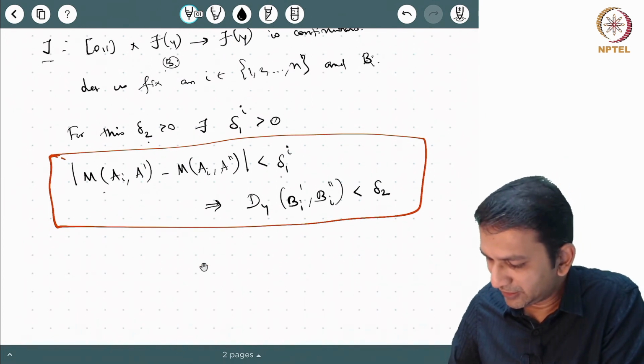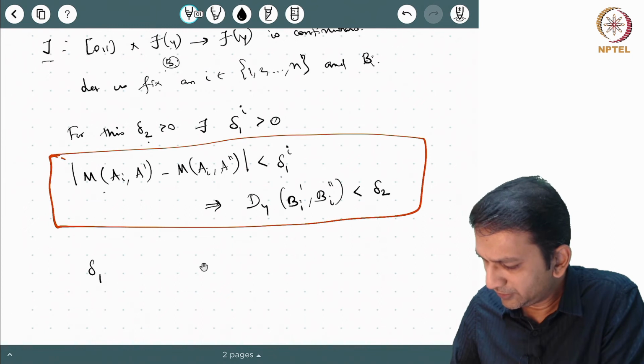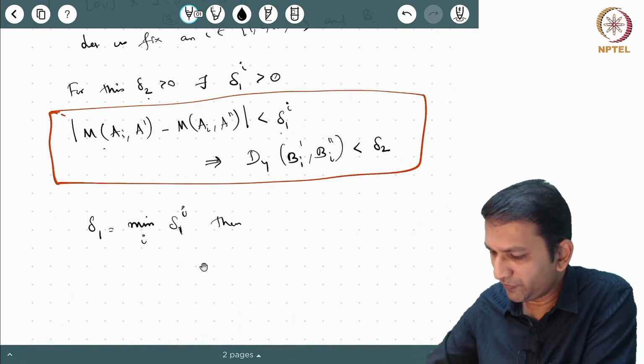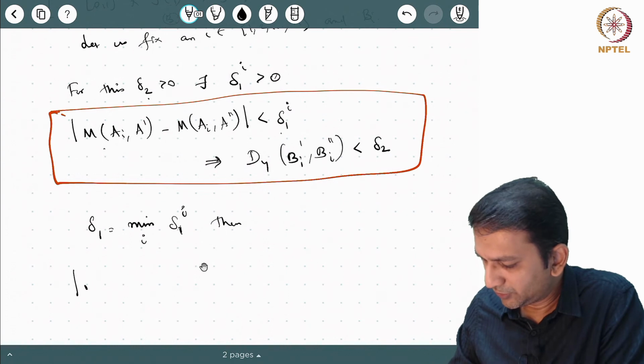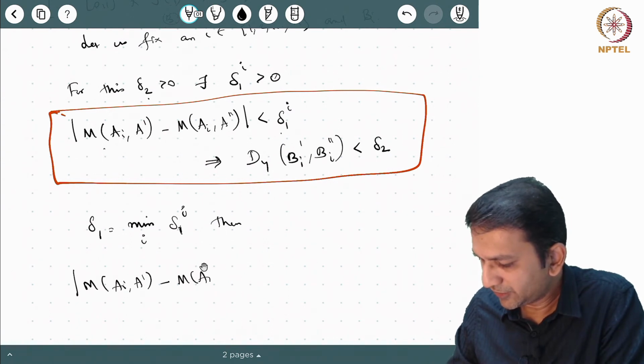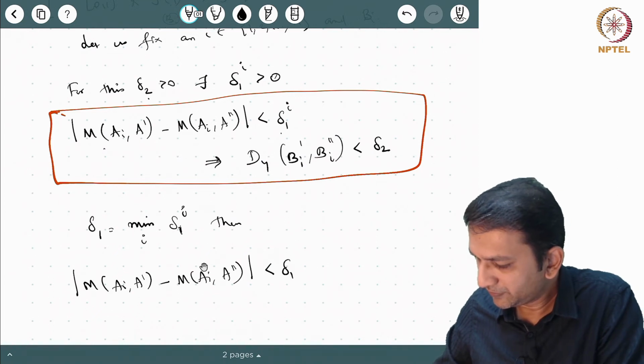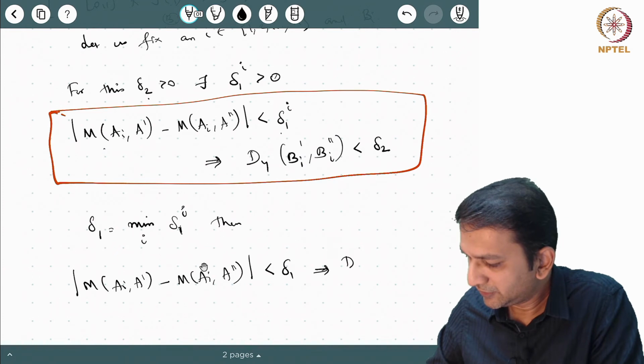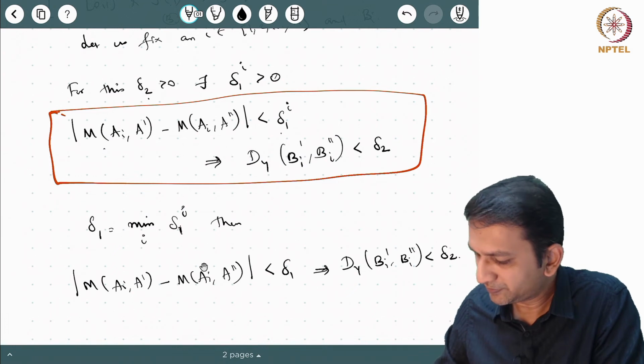So if we consider delta 1 to be the minimum over all the i's of delta 1 i, then what we can say is, whenever |m(ai', ai'')| is less than delta 1, this implies the corresponding dy of bi', bi'' is less than delta 2.